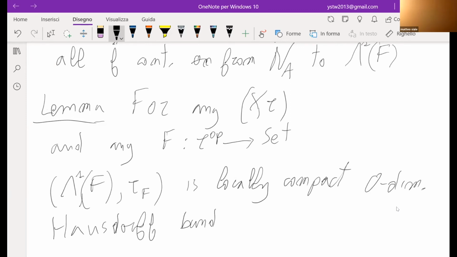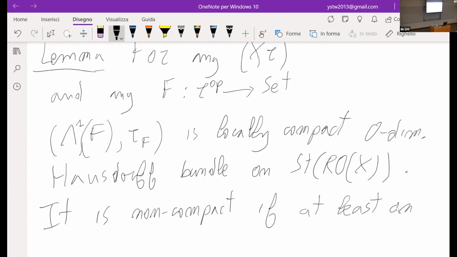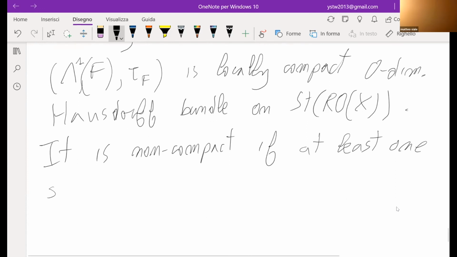Bundle on Stone of rho X. And it is non-compact if at least one stalk is infinite, because the stalks seen as subspaces of lambda 1 F are discrete.